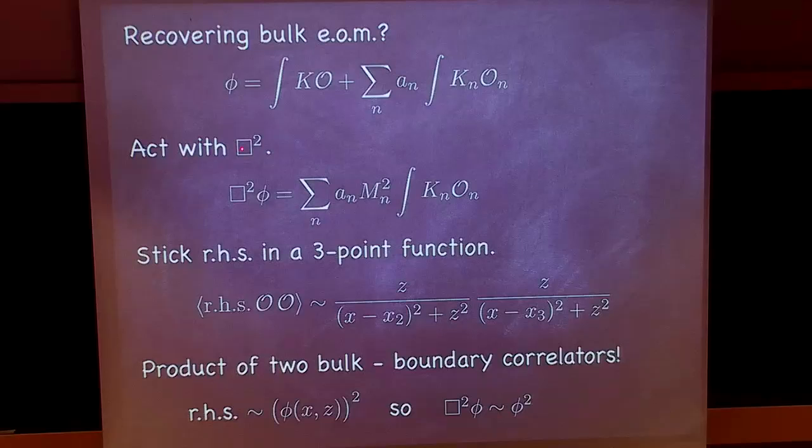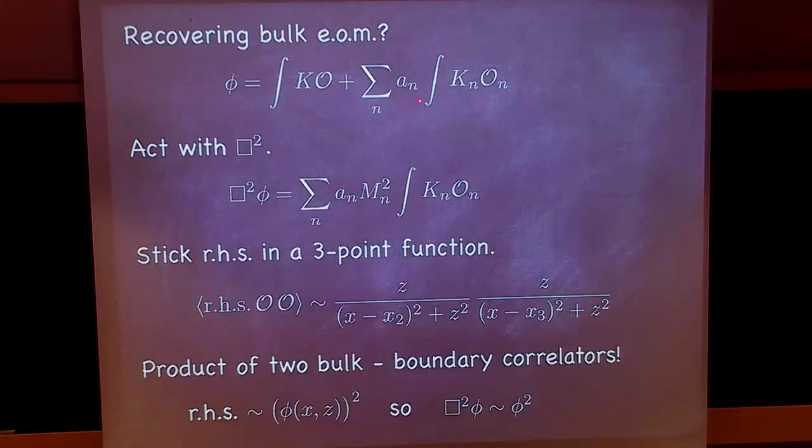On the right-hand side, the first term in this expansion by construction satisfies the massless wave equation, so box will kill that. All of the higher dimension operators are smeared in the way appropriate to their mass, so these satisfy the free wave equation for a field of mass appropriate to their dimension.